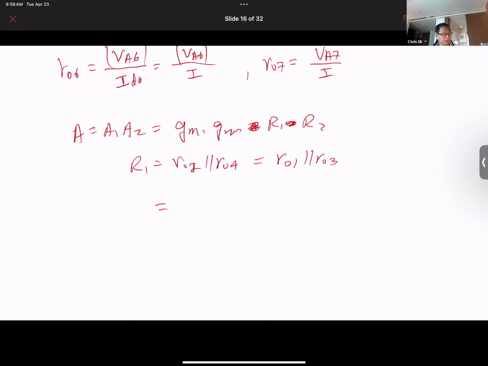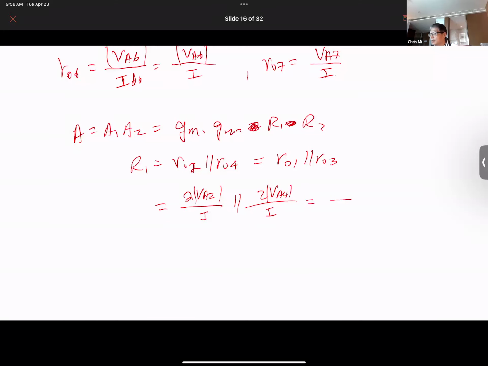So it's going to be 2 times VA2 over I in parallel with 2 times VA4 over I. VA4 is for an NMOS, so you don't have to use absolute value, but here we can simply do that.